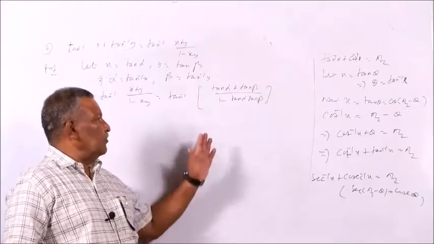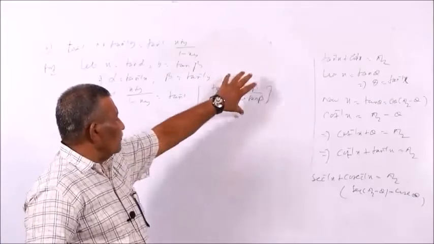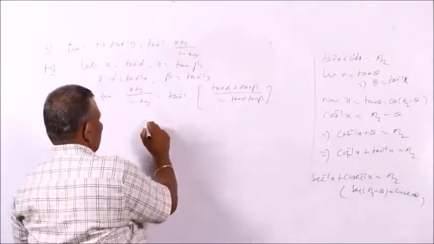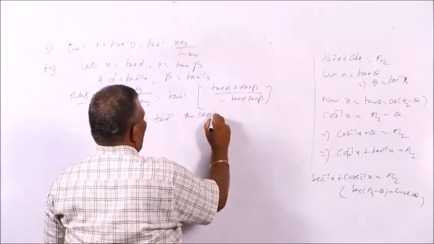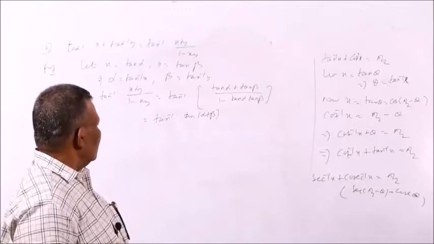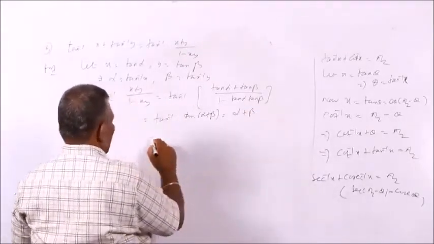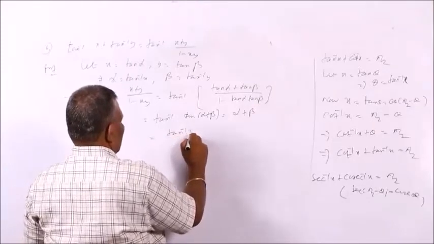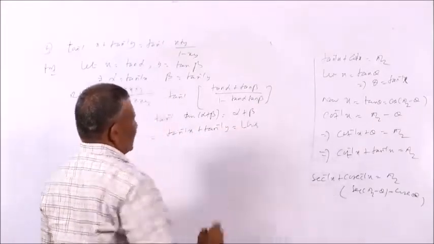You know that tan a plus b equals tan a plus tan b divided by 1 minus tan a into tan b. So this quantity will give rise to tan inverse tan alpha plus beta. As tan inverse tan theta equals theta, that implies tan inverse tan alpha plus beta equals alpha plus beta, that is tan inverse x plus tan inverse y, which is our LHS.